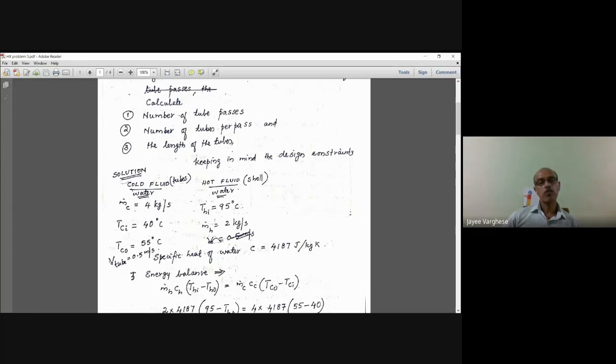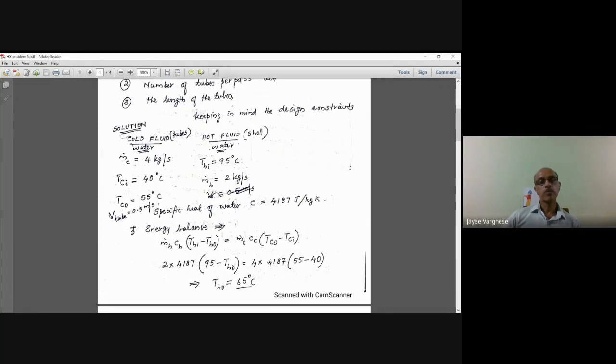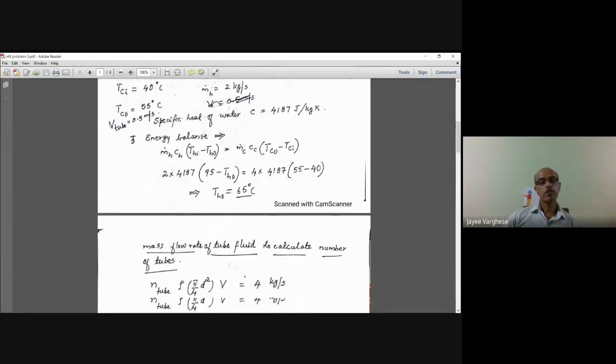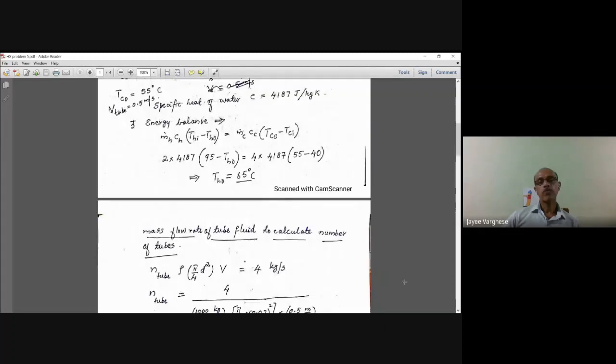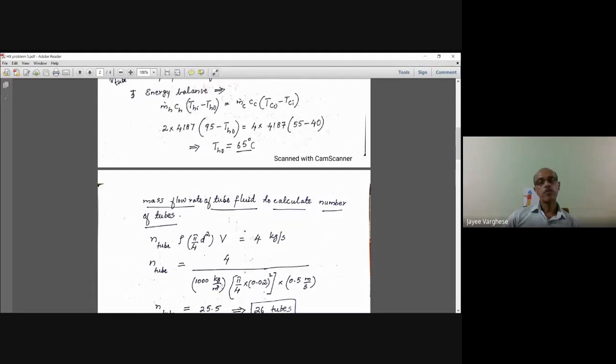So this can be calculated by the mass flow. For that, the mass flow rate of the tube fluid is to be calculated. Number of tubes into mass flow rate through one tube will give us the total mass flow rate inside the tubes. N into rho into pi by 4 d square into velocity is equal to 4 kg per second. In this equation, the only unknown is number of tubes.